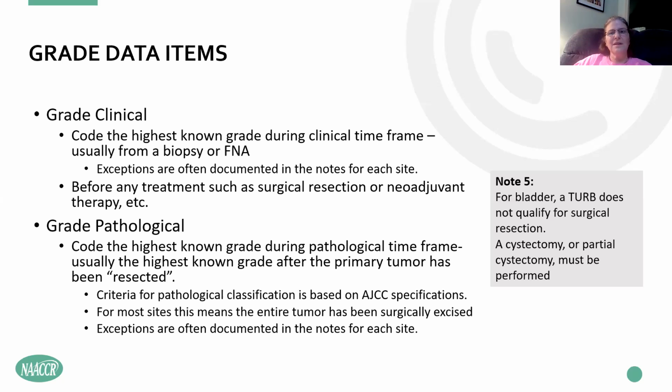So once again, you have to make sure those two agree. For example, a simple prostatectomy is not going to qualify for pathological staging for AJCC. It has to be a radical, so obviously it would not qualify for a grade pathological.